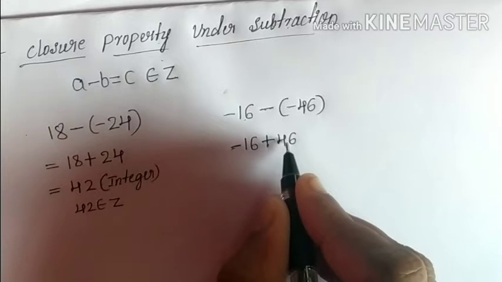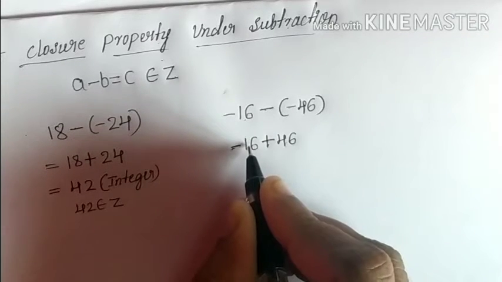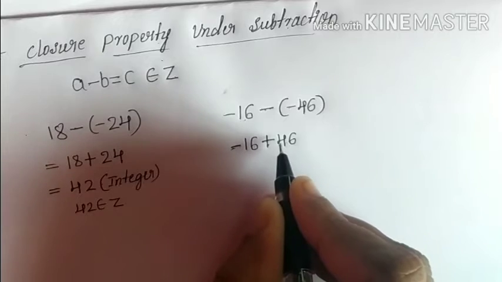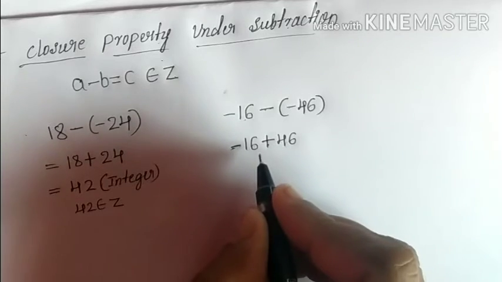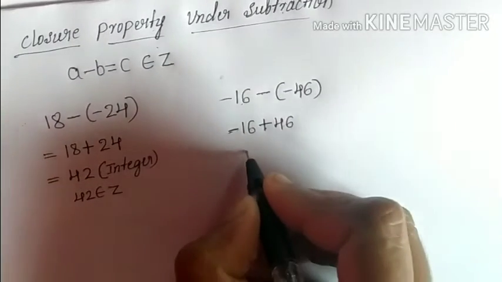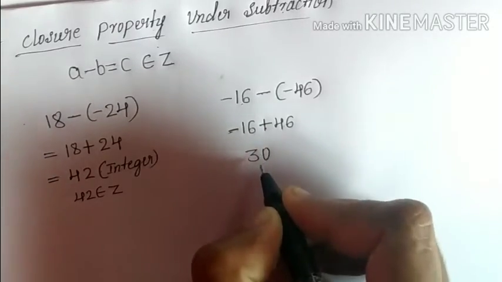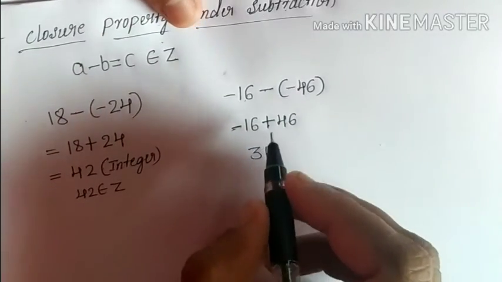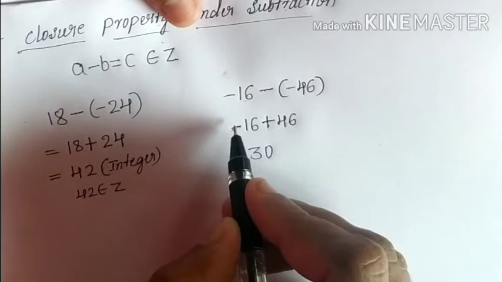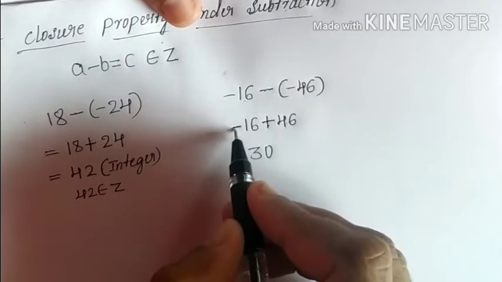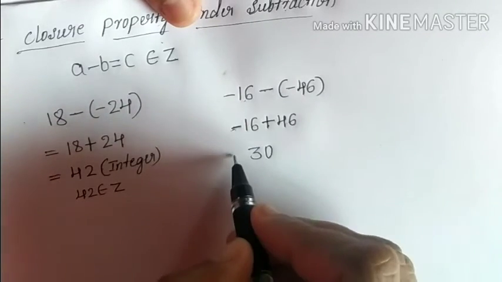We have to subtract the numbers only. What is the subtraction of 16 minus 46 or 46 minus 16? 30, right? So 30. Then which sign do we put here? By sign multiplication it comes minus, but we will not put the minus sign here.